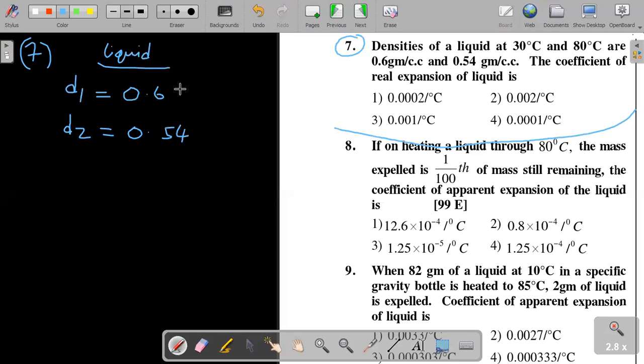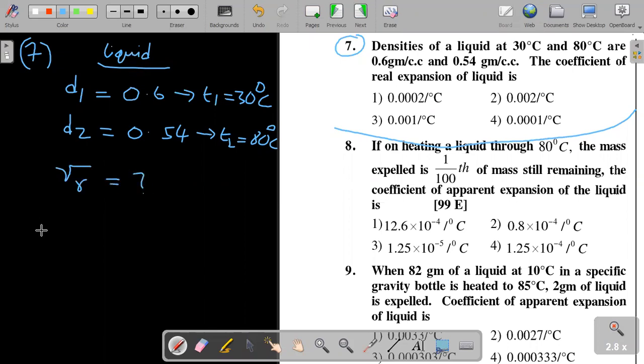They also mentioned the temperature T1 is 30 degrees centigrade and T2 is 80 degrees centigrade. So temperatures are mentioned and densities D1, D2 are given. They're asking to find gamma R.